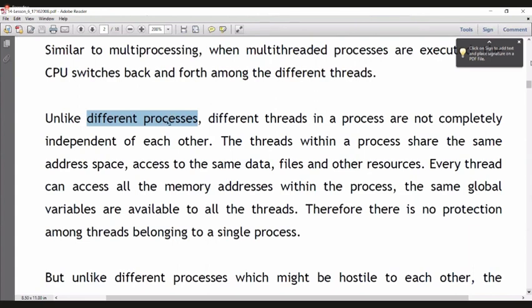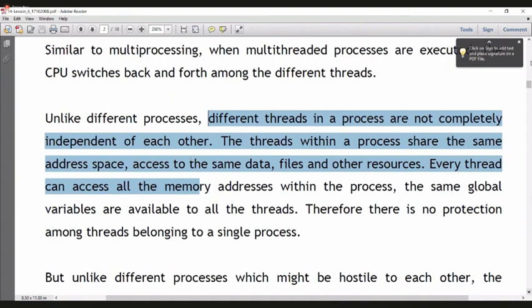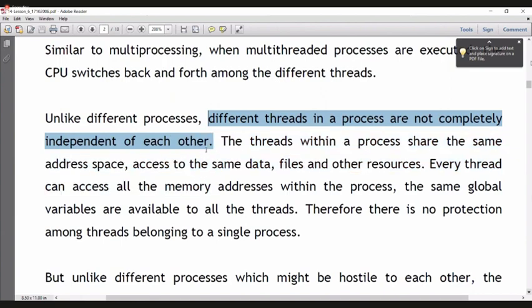But if you consider threads in one process, they are not completely independent because they are in the same program, right? So different threads in that process are not completely independent of each other. Why?